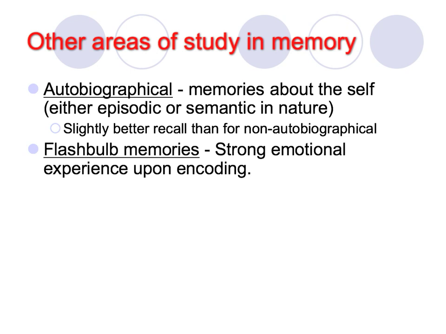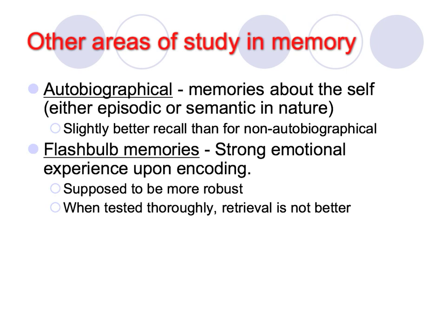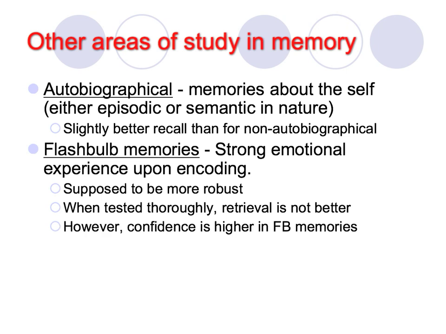When I ask students about a very salient memory in their life, a lot of them say 9/11. It was something that was burned in their minds forever. It's supposed to be more robust, but when you test it thoroughly, retrieval's not actually better for these memories than other non-trivial memories. Our confidence tends to be higher in flashbulb memories.